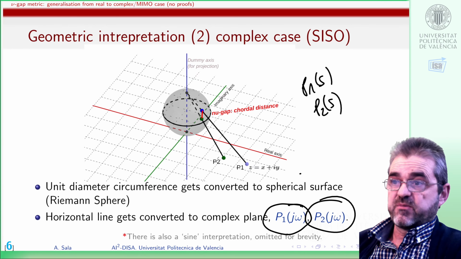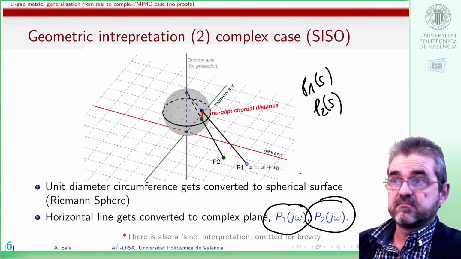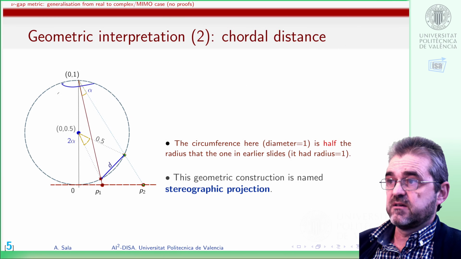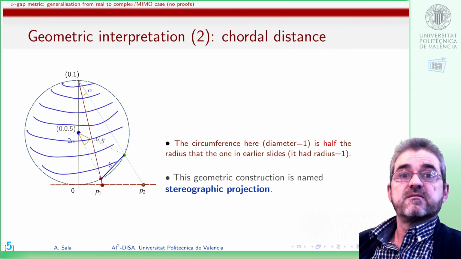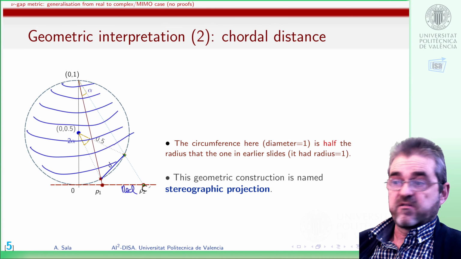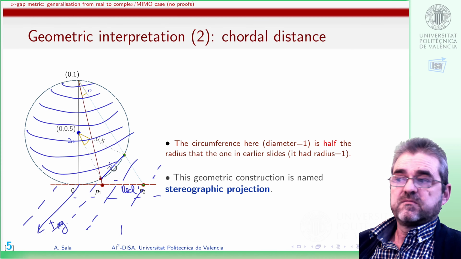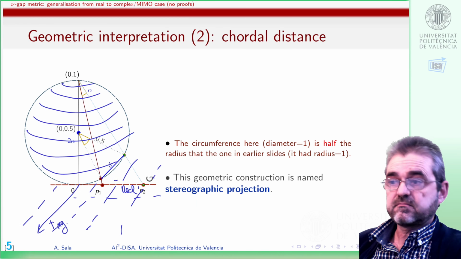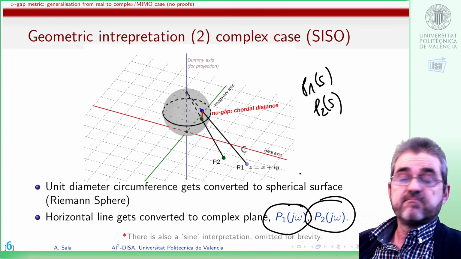Well, the interpretation is basically the same, chordal distance. It's the same graph here, but okay, now we think of a sphere instead of a circle, and instead of having real stuff here, we extend so that what is down there is a plane. In that way, we get this representation.